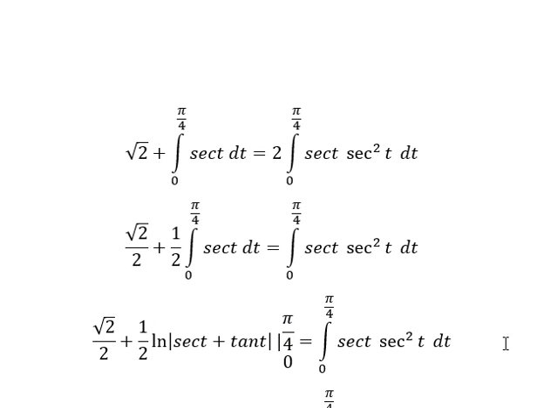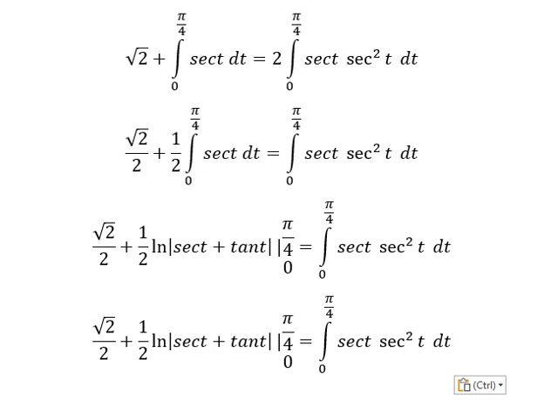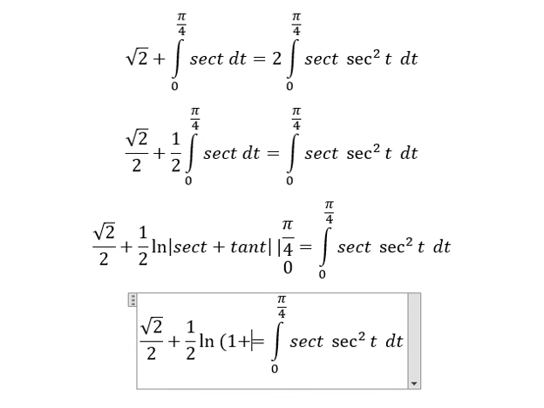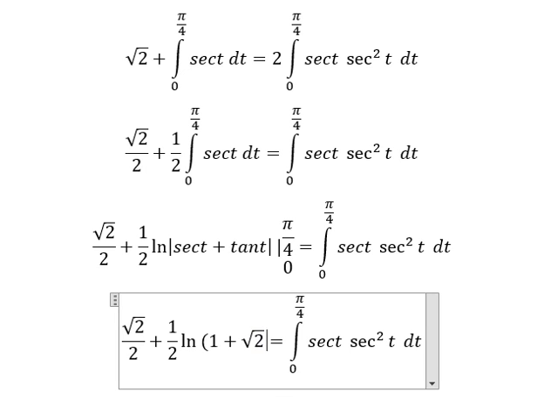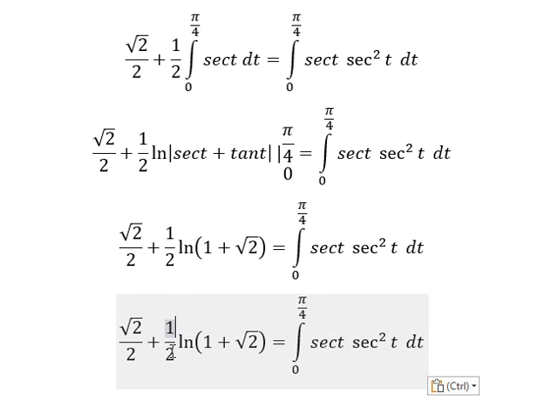Next, we put this one here, number 0 here. So we have 1 plus the square root of number 2. And then we can do factorization by 1 over 2.